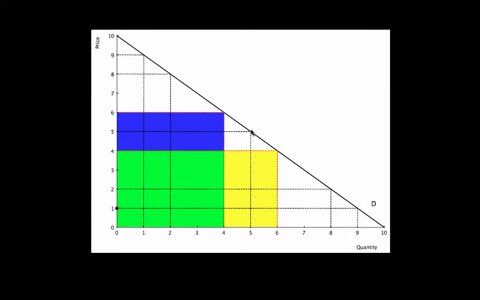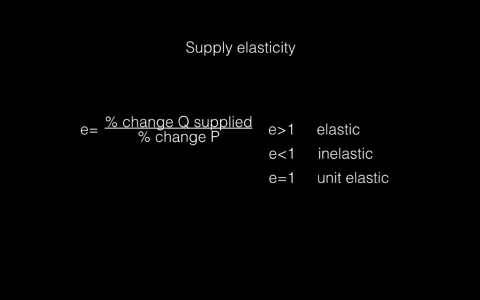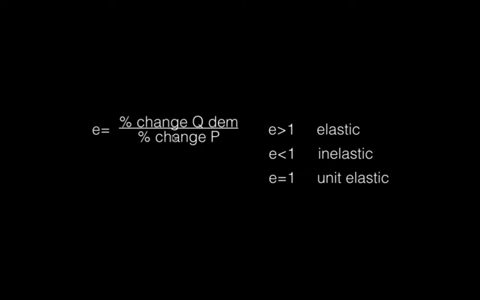Usually it's clear from the context what a book or someone is talking about demand being unit elastic. So it would have to be some kind of move like this, even though there's only one point that's unit elastic. So again, in terms of our formula, that one's supply. Just any time those percentages end up being the same. So 10% change in quantity as a result of a 10% change in price, then that's going to give me unit elastic.